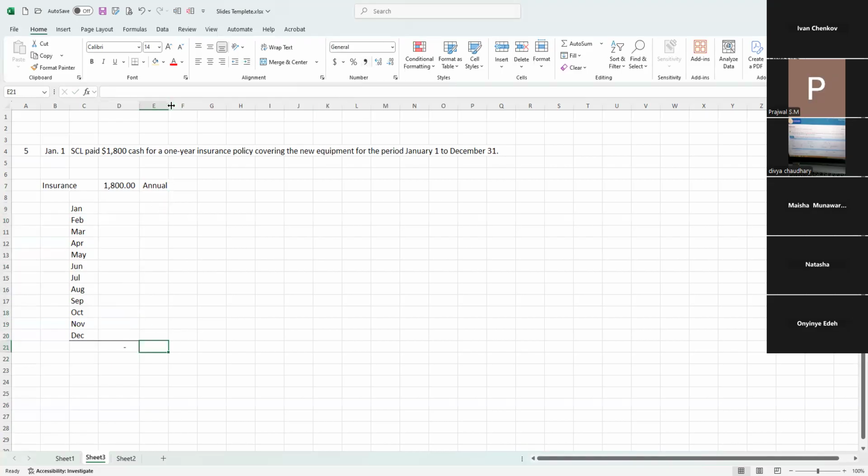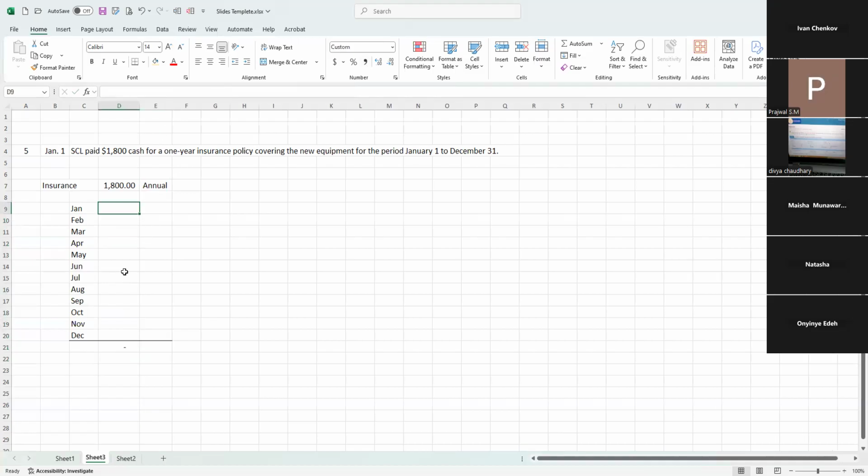So we're going to have this insurance per month, 150, and then we're going to have the total. Total has to go down to 0. So the per month amount should go to 1,800 in total, and the total should go to 0. Correct?